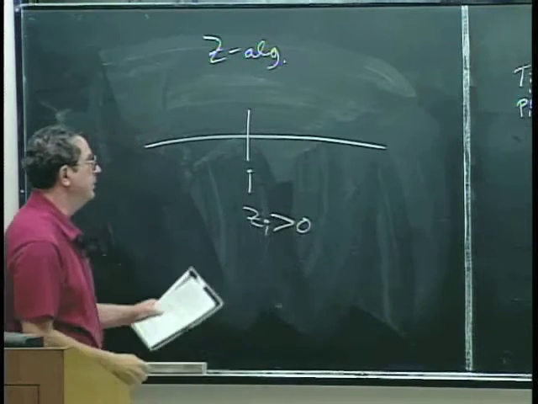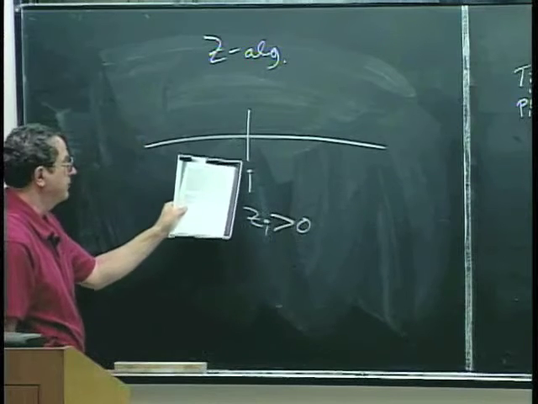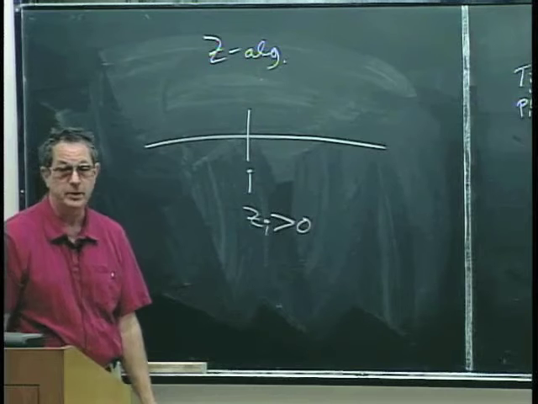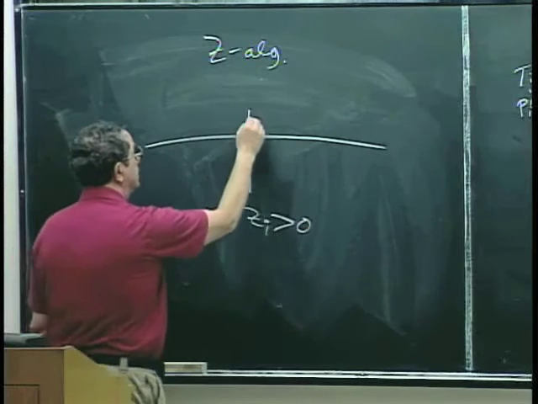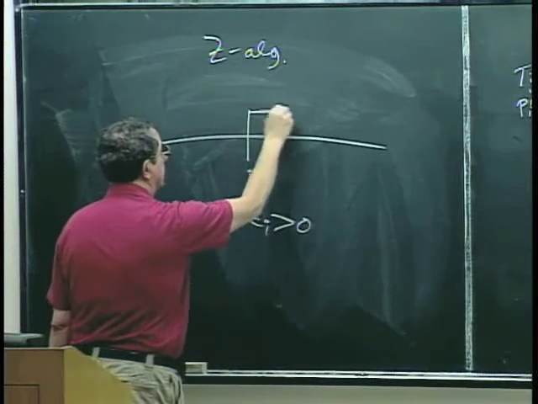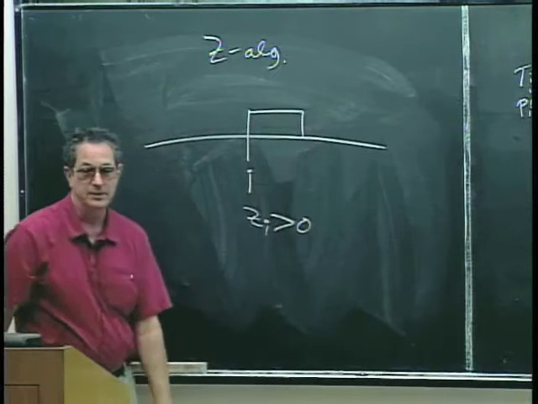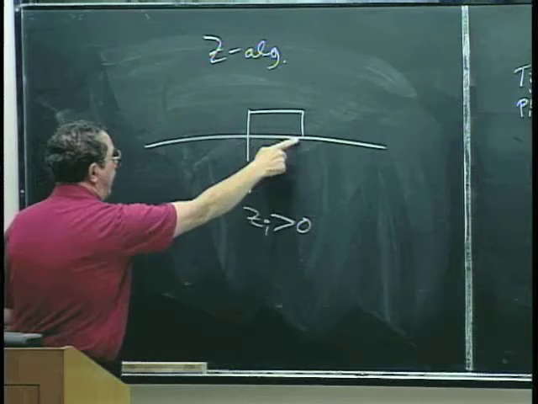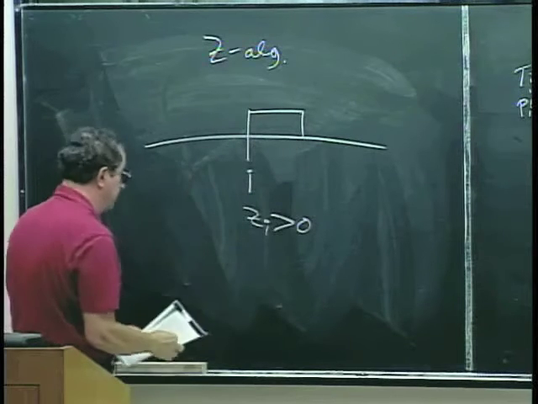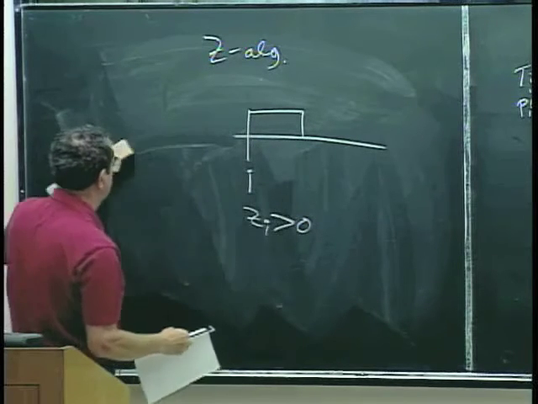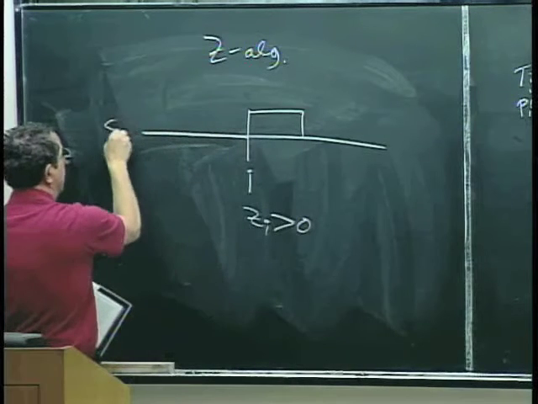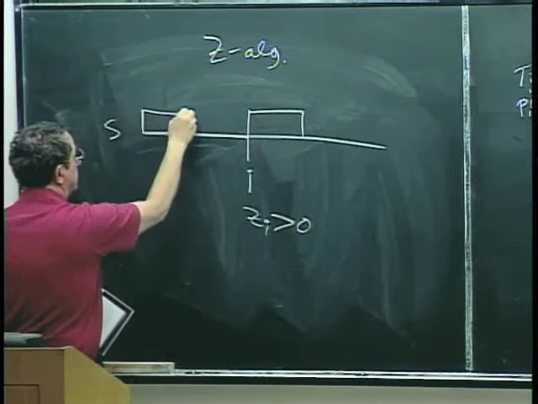So what does this mean? It means that starting from position i, there is a substring that matches a prefix. And how long is it? Well, it's that long. I don't know how long that is, but that definitely matches a prefix of S. So these two match.